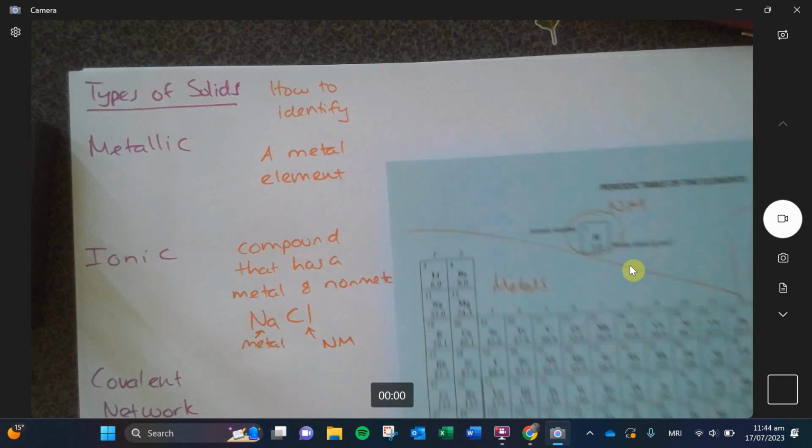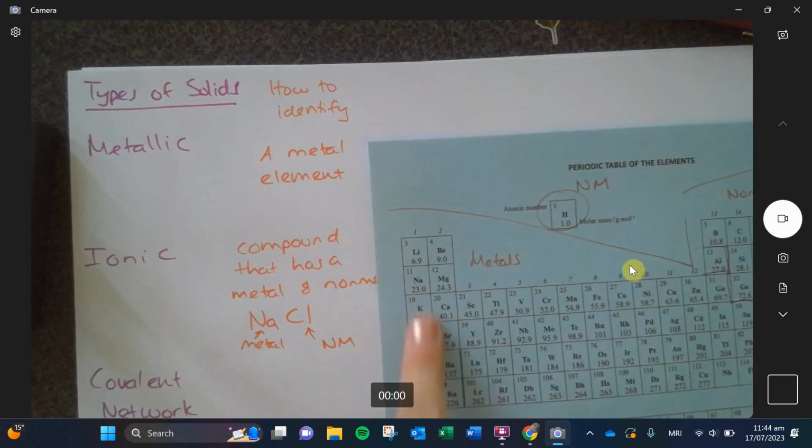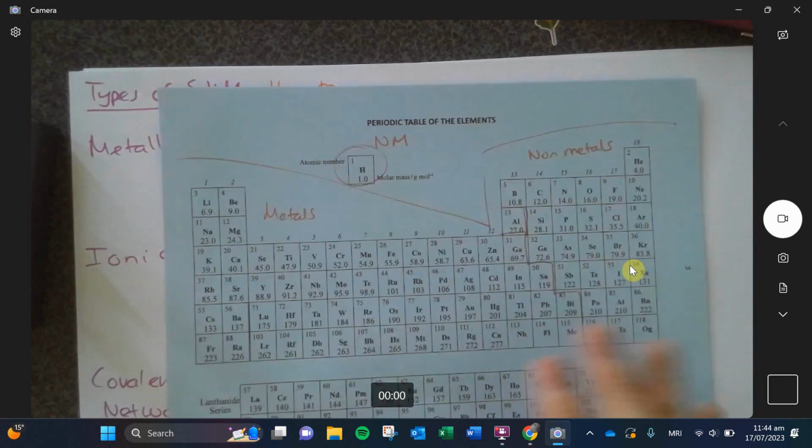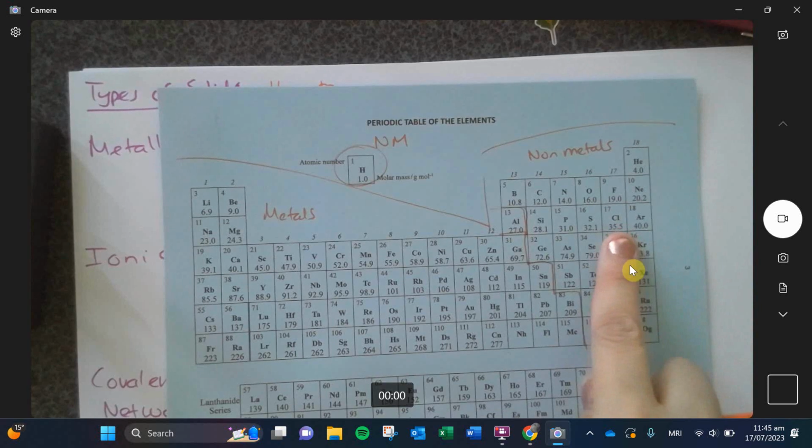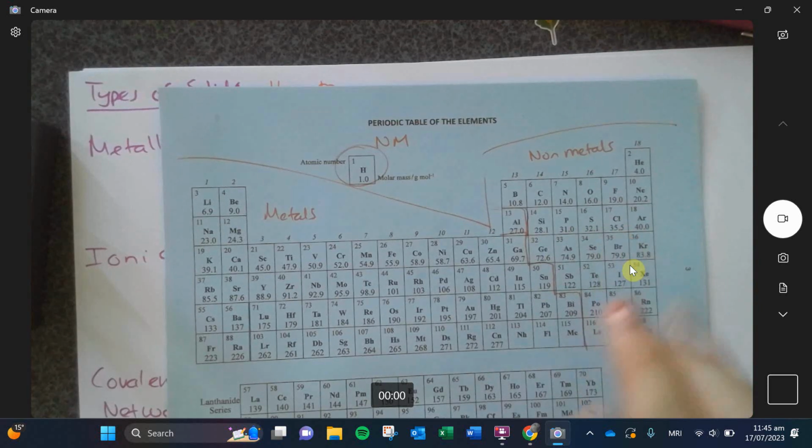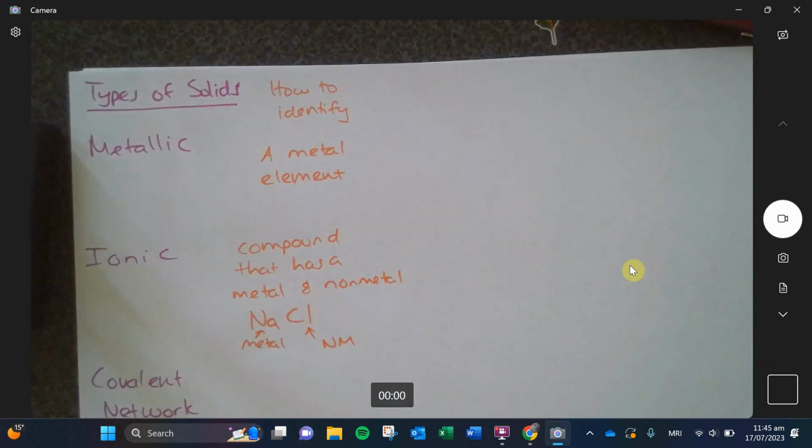So when I look at that periodic table, I find sodium over here on my metal side, and I find chlorine over here on my non-metal side. And that's for all of my ionic solids. Metal with a non-metal. Okay?